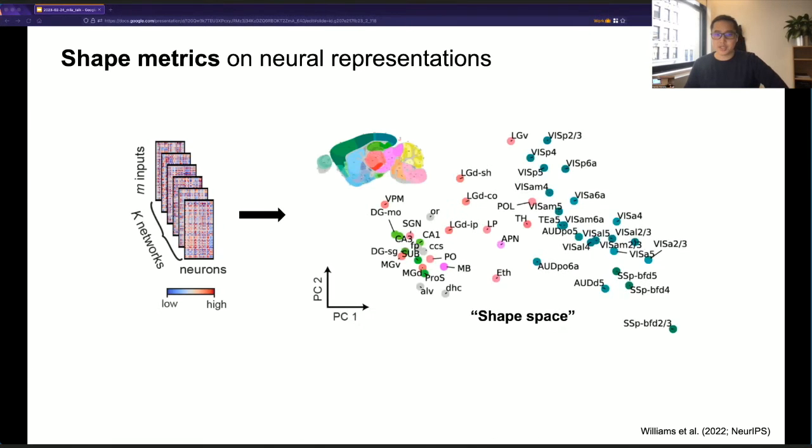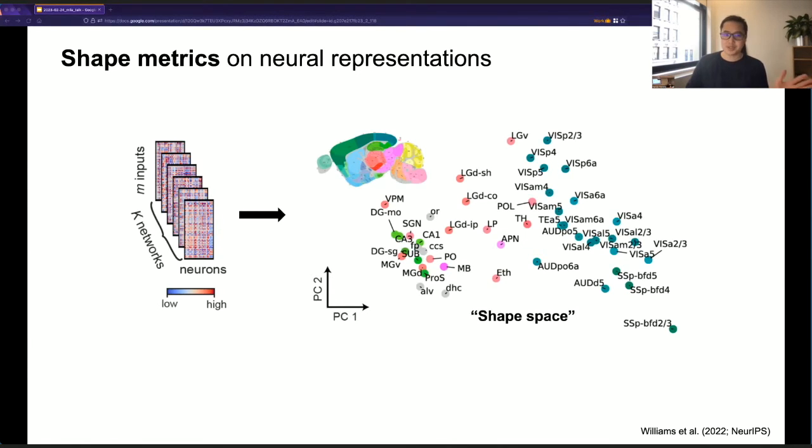What this plot shows here on the right is about 50 mouse brain areas during some recordings where mice were marching around and watching a natural video data set. By analyzing their representational similarity between these different brain areas with shape metrics, this allows us to plot all the networks into a common space, which we call shape space.